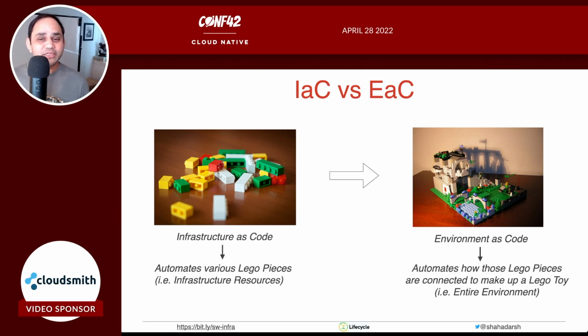What environment as code does is it automates how those various Lego pieces are connected to make up a Lego toy, which is where the most value is: getting your entire environment, your databases, your networking, your Kubernetes clusters or EC2 instances or S3 buckets. All of that together is more meaningful and useful to a product team.